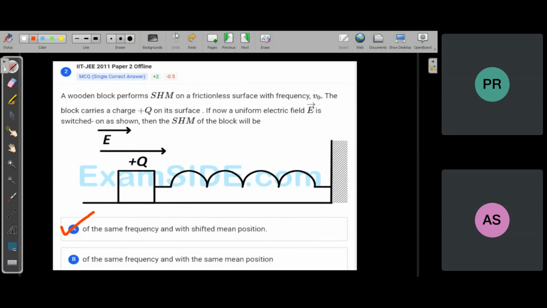If the force is variable, then it will affect the frequency or time period.